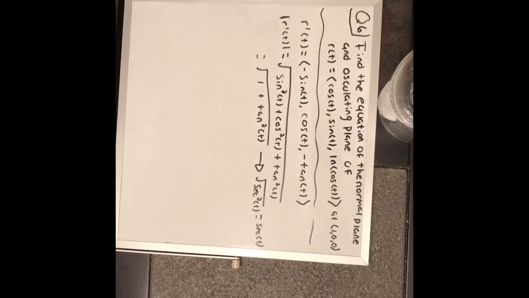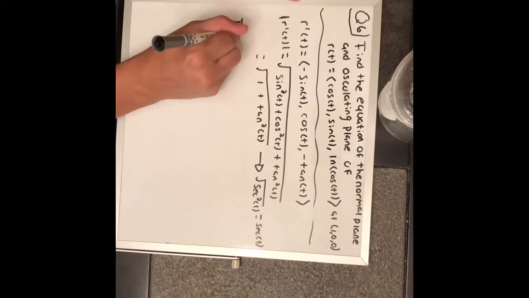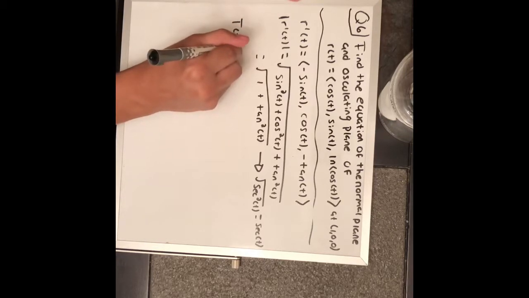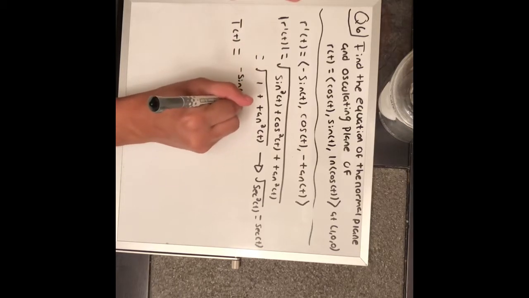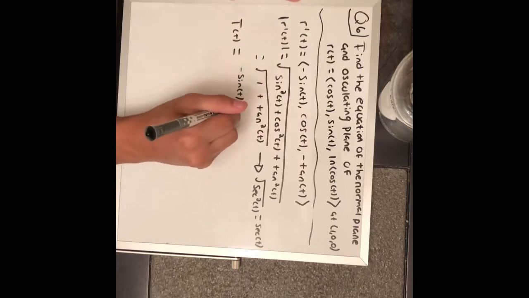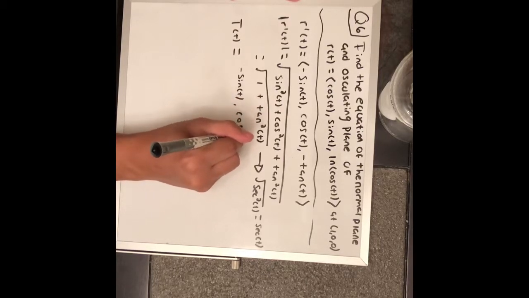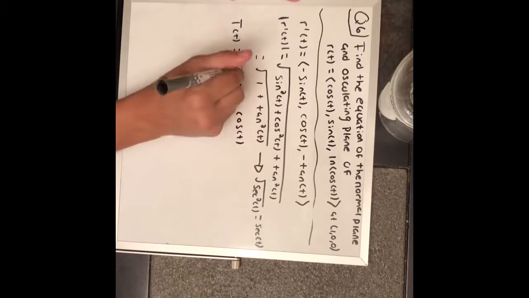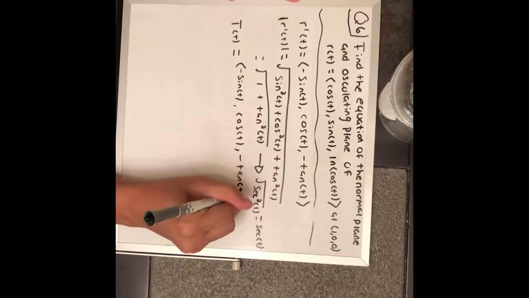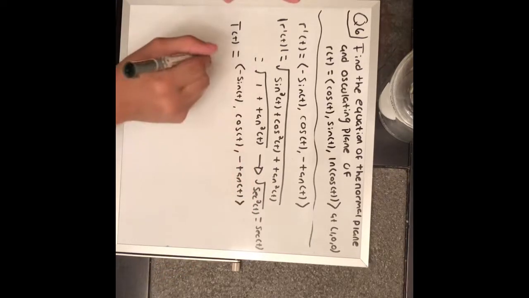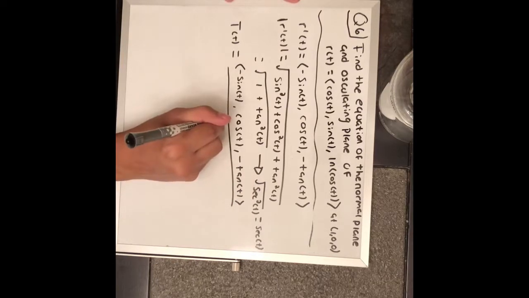So now let's divide. The unit tangent vector of t is negative sine t, cosine of t, and negative tangent of t, all over secant.